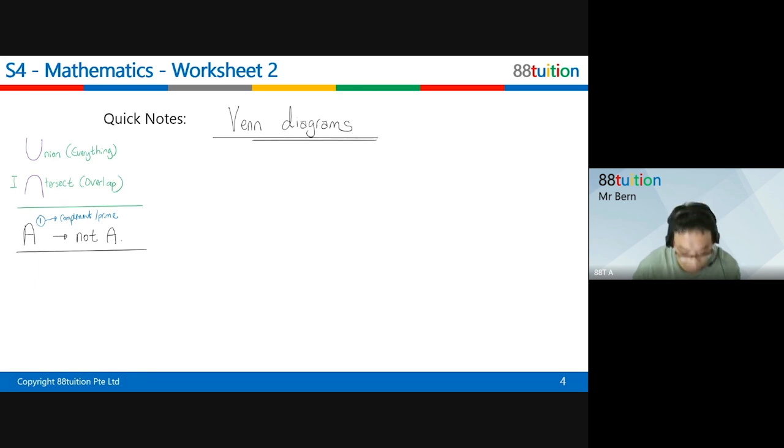All right, so very, very simple. Don't worry. Just a quick example. This symbol here, you all know this as what? Universal set. This is called a universal set. To me, it's called a boundary.